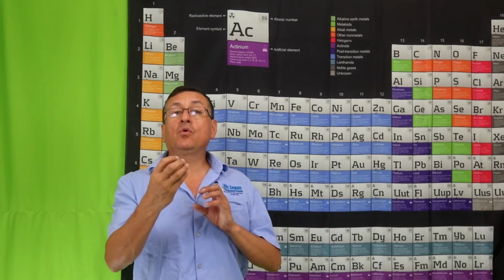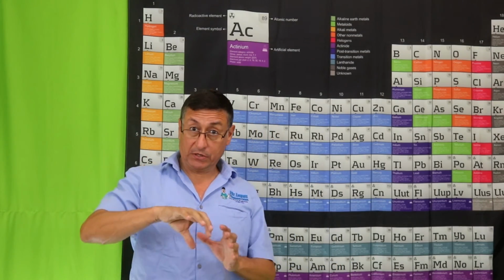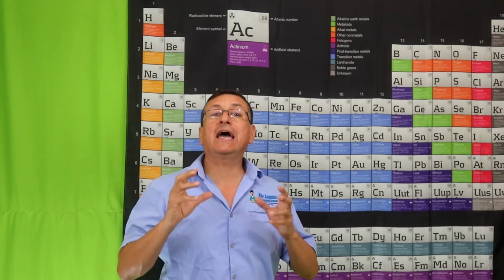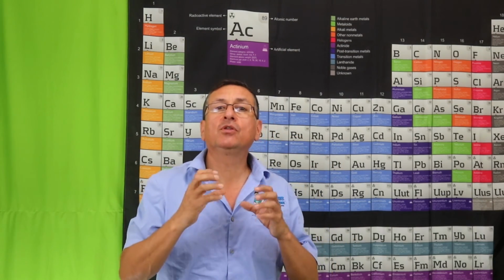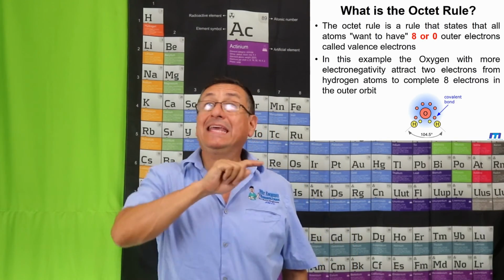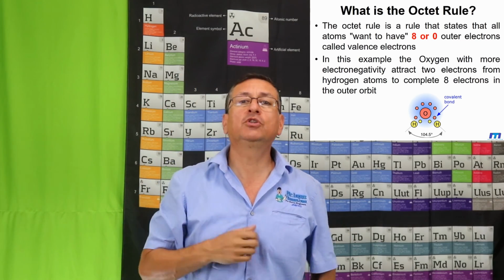When atoms try to combine with other atoms, they produce molecules. We are going to study that later. All the molecules try to be stable. What is the meaning of that? During the process of combination with other atoms, each atom tries to complete 8 electrons in the last orbit, or 0, to be stable.